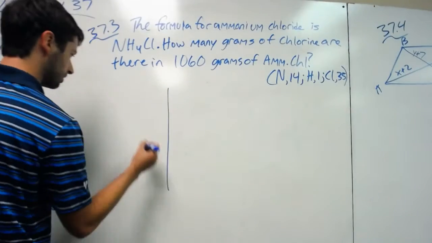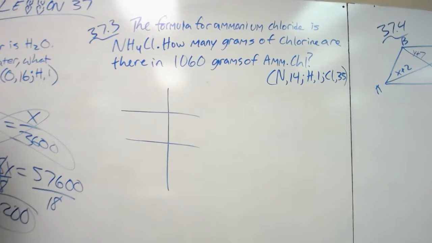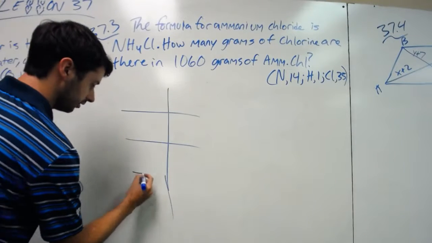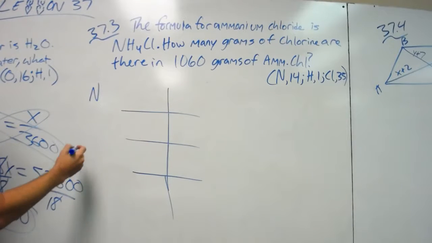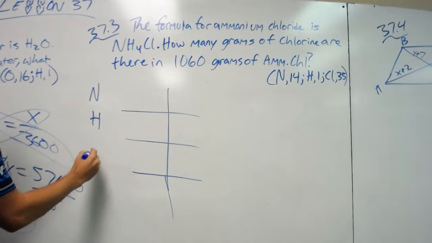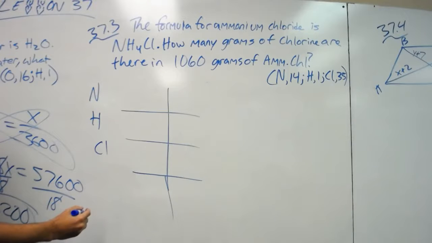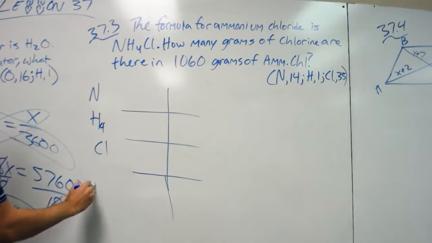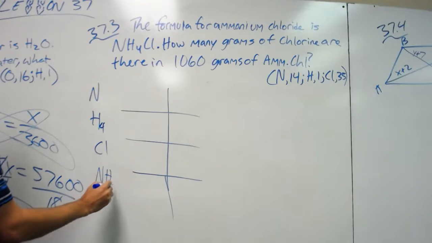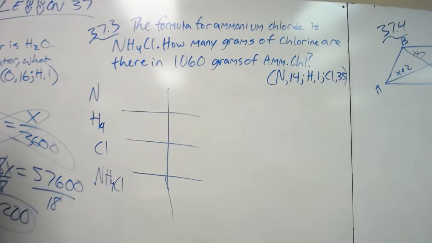So rather than just doing 2, I'm going to add a third blank, because we have nitrogen, hydrogen, chlorine. There's actually 4 hydrogen within the total compound of ammonium chloride. So we add the 4th box, and then we start plugging stuff in.